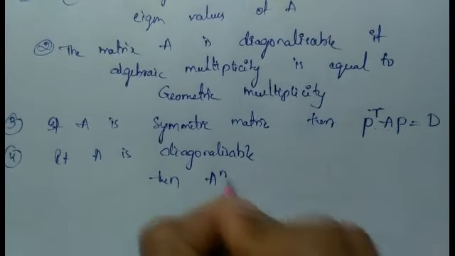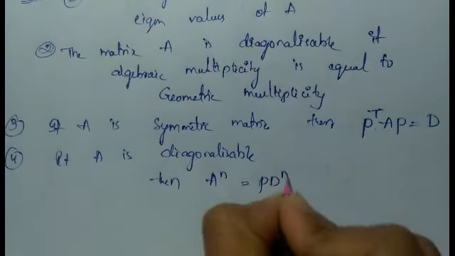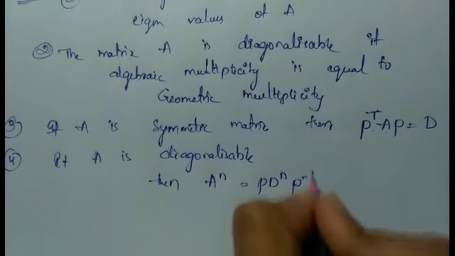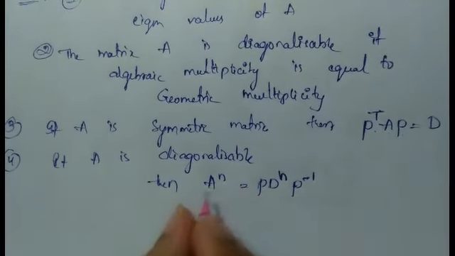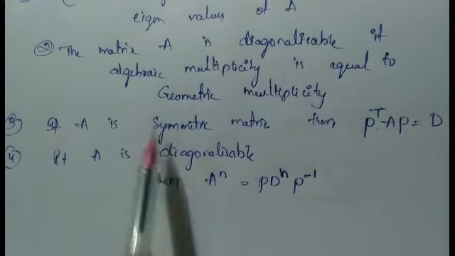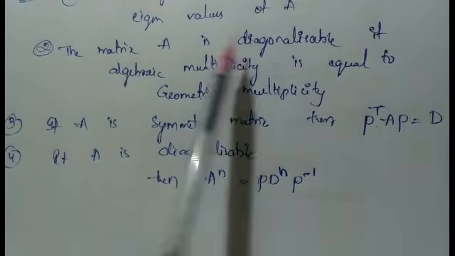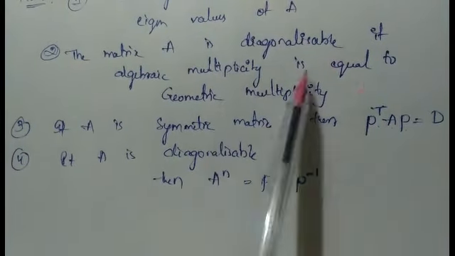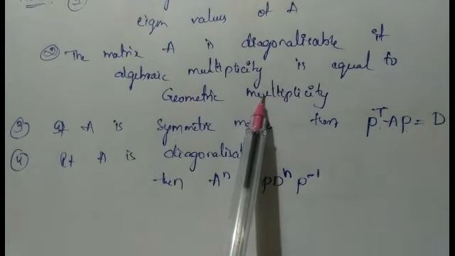And if A is diagonalizable, then A power n equals P D power n P inverse. So whenever we want to find A power n, we first check that matrix A is diagonalizable, that is, algebraic multiplicity equals geometric multiplicity.